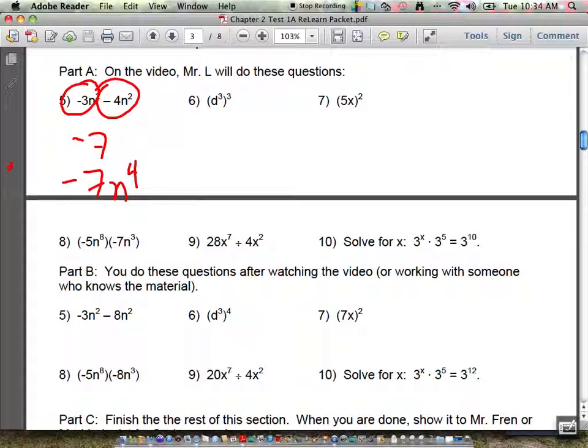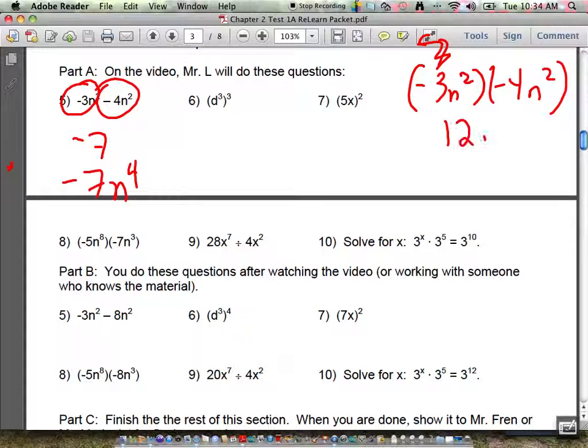Now let's be clear about something. Look, if I did negative 3n squared times negative 4n squared, that would be 12n to the fourth. And I do add exponents there. The reason is really simple. Because as I write this out, it's negative 3nn times negative 4nn.